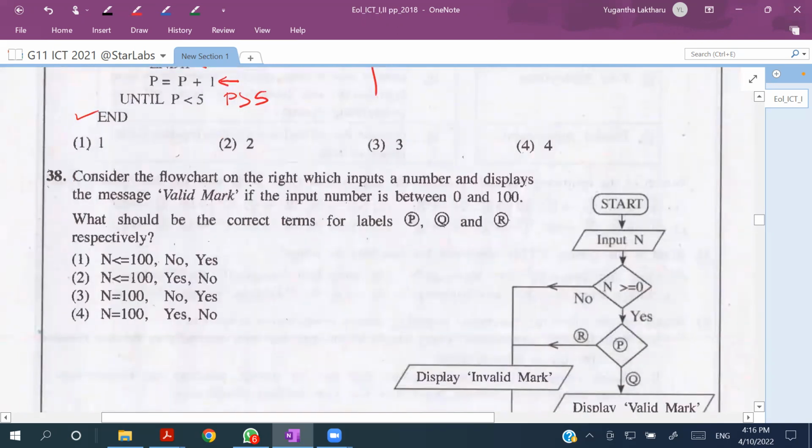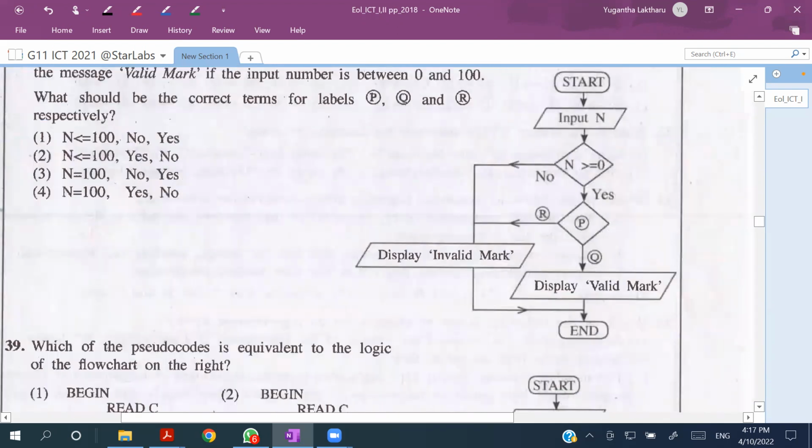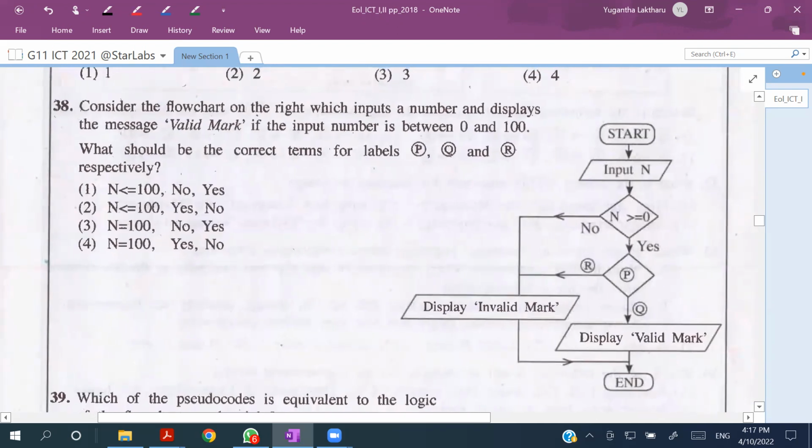38. Consider the flowchart on the right which inputs a number and displays the message valid mark if the input number is between 0 and 100. What should be the correct terms for the labels P, Q, and R respectively? So it checks whether a number is in between 0 and 100. So they take a value.